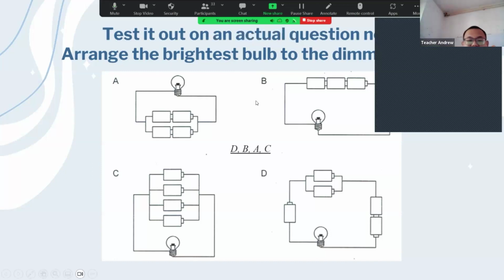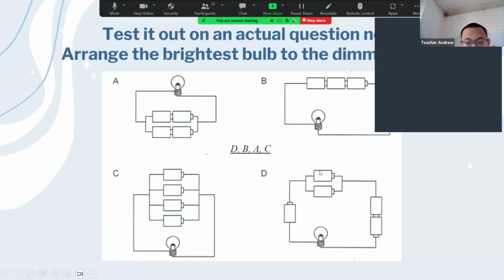The answer is actually D is the brightest, because we have 1, 2, 3, and 4. Bear in mind, students, some students are being confused here. In this case, my light bulb is here, my battery is there. So at any point of time, only one group is being given.